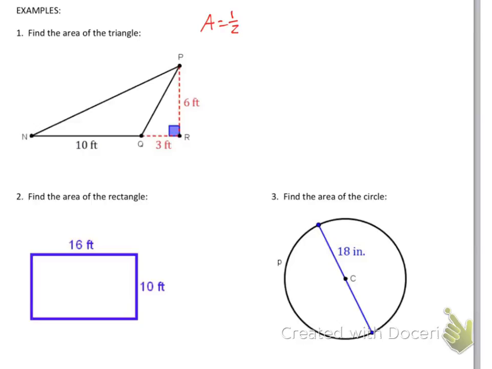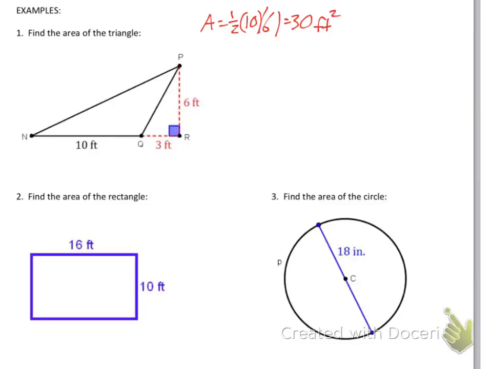It's 10. The dotted lines aren't really part of the picture. And what's the height? 6. So what is half of 10 times 6? It's 30. Whatever the units are, it'd be feet squared. It's super easy, right?